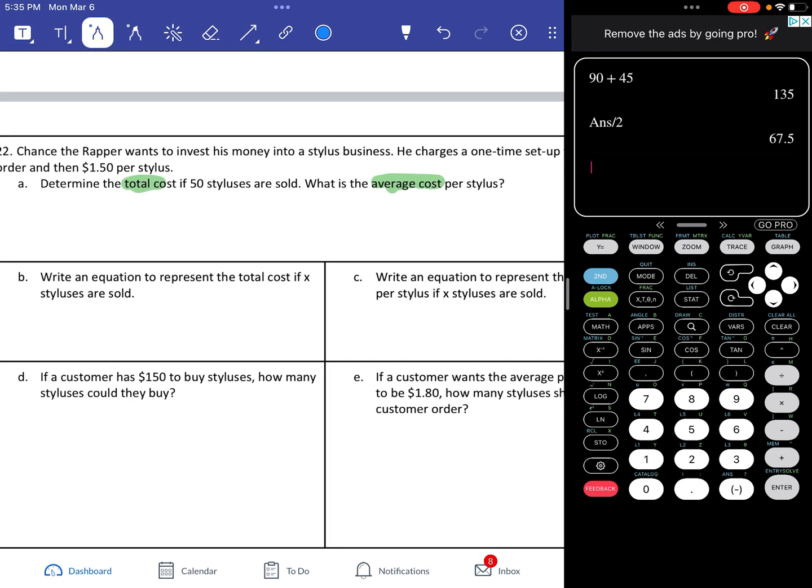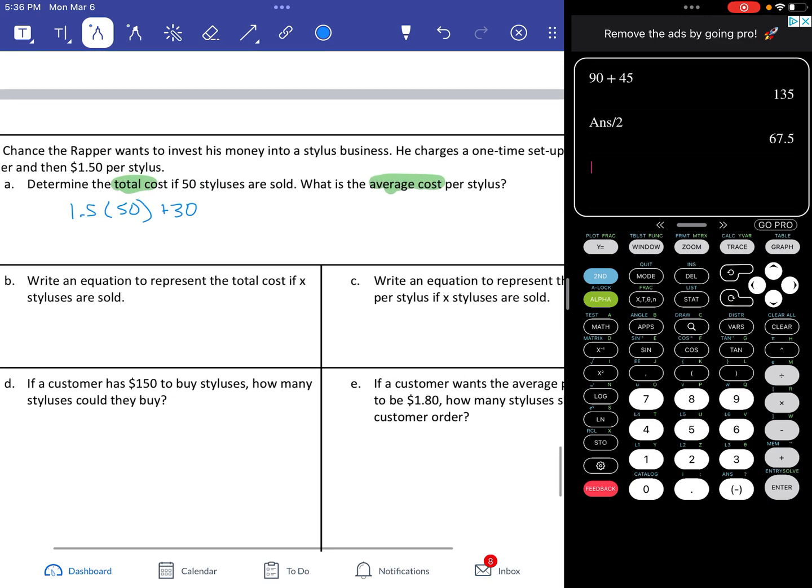So we're doing 1.5 times 50 stylists plus the $30 setup fee. Yep. So we do 1.5 times 50 plus 30, which gives us 105.